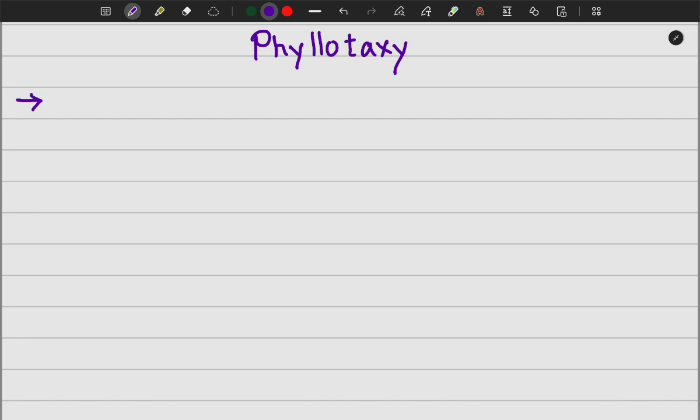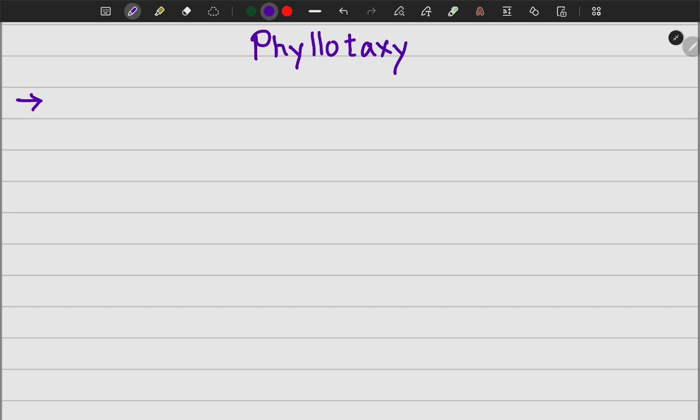So we recently studied about leaves and their types, and in phyllotaxy we will study about how these leaves are arranged on the stem or on the branches, and depending on their arrangement we can divide them into different types of phyllotaxy.